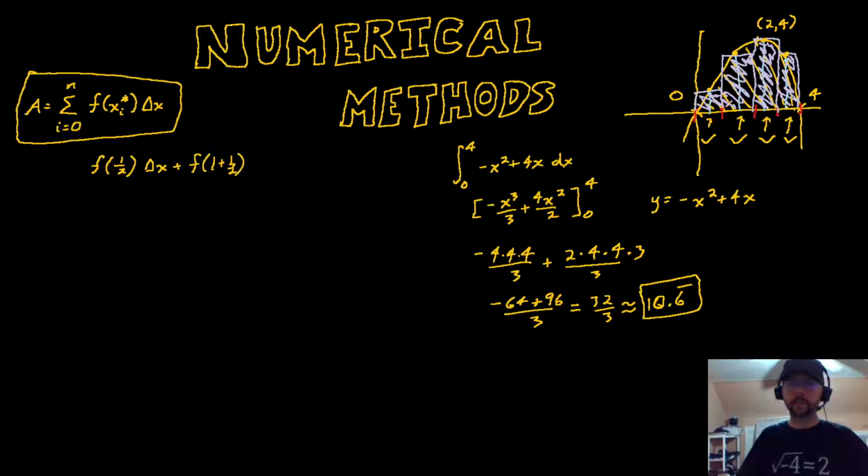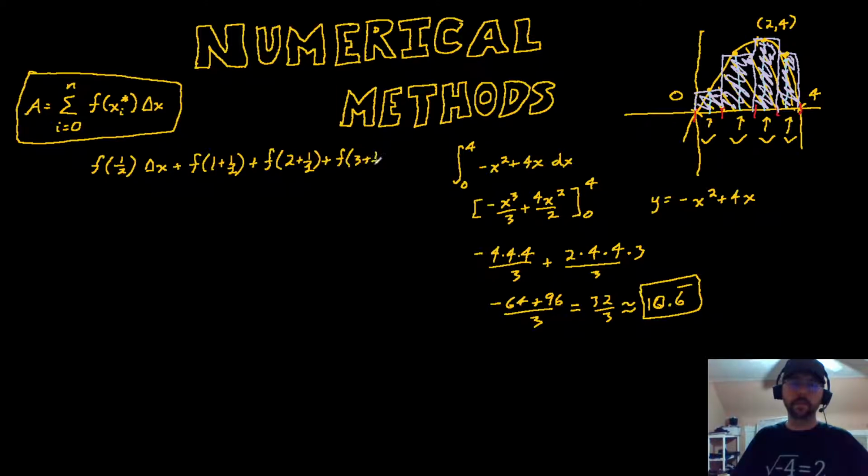This was technically 0 plus a half, plus f of 2 plus a half. Oops, I was supposed to say half. Plus f of 3 plus a half.